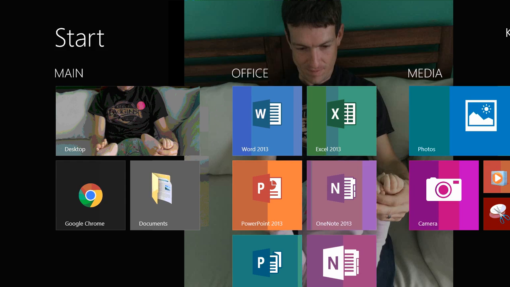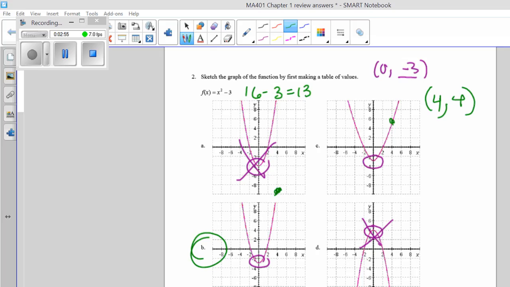But let's go back to where we were. That doesn't really help us over here because these also look pretty close to 2. And so I think we really needed to do a test point. I meant to say 13 here, didn't I? We really need to do a test point to see, hey, wait a minute, it's got to be way up high. It must be answer choice B.